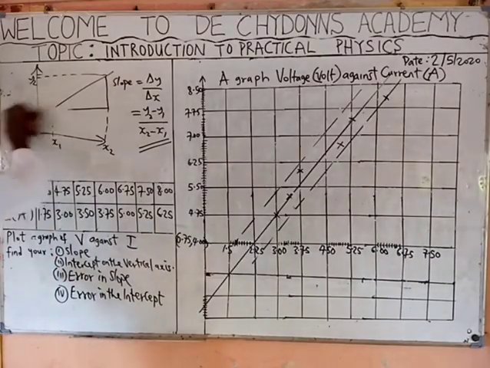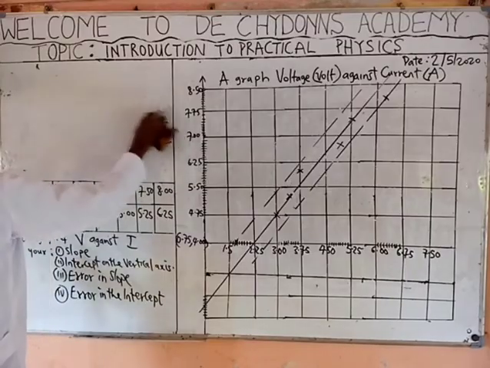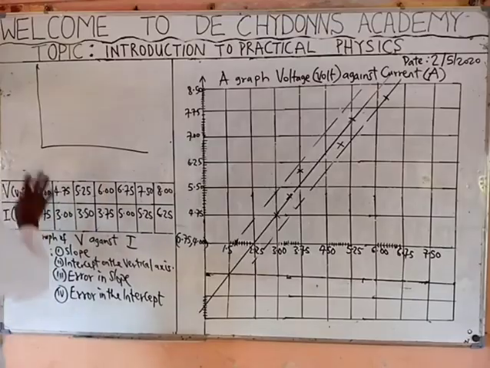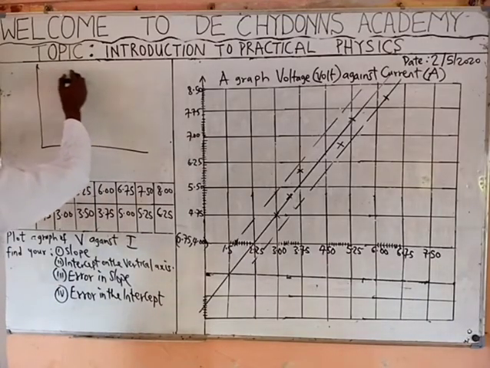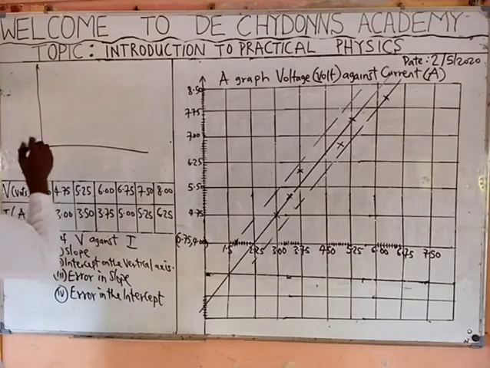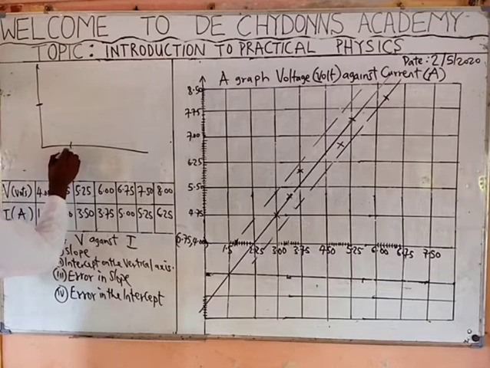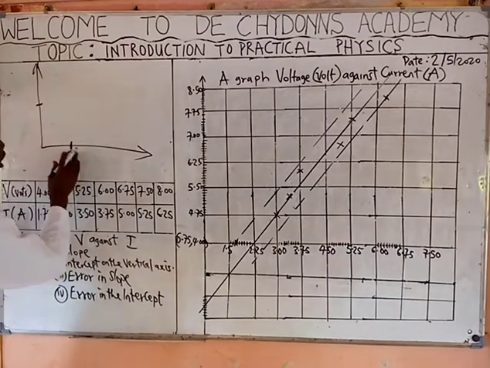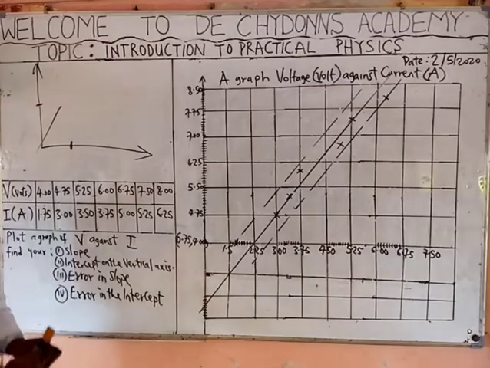Okay? Ensure that while choosing your scale, the scale you choose will at least balance into the whole of your graph. If the scale you choose stops here and the other one stops here, and you have all these spaces left, and you say your graph is like this, that is a very bad graph.